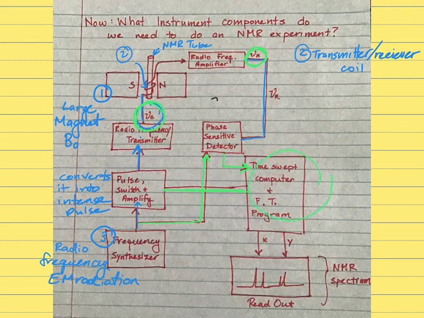Here at the time swept computer and FT program, this is going to be where your FID is collected and Fourier transformed into, ta-da, the end product, your NMR spectrum.